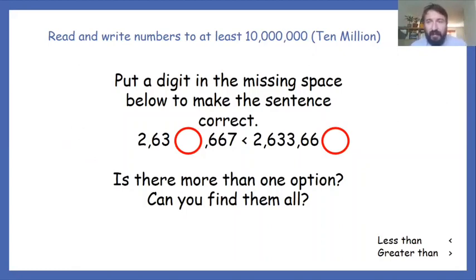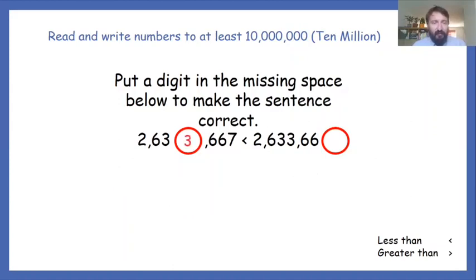Okay. Hopefully you're patting yourself on the back after we've gone through this. Is there more than one option? Of course there is. Let's have a look. So Mr. Osborne opted for a 3. So 2,633,667 would be a lower number because we already have 2,633,000.